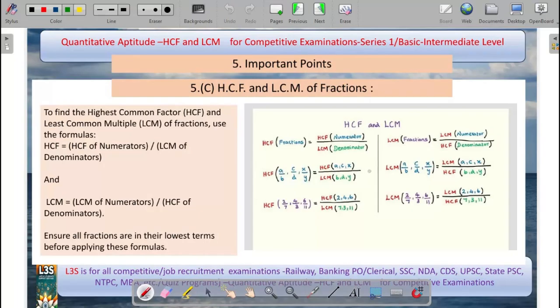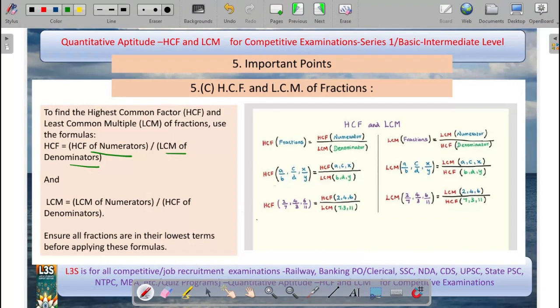That is for decimals. Now how to find the HCF and LCM of fractions. We have to use this formula: HCF of fractions equals HCF of numerators divided by LCM of denominators. And for the LCM of fractions, first we find the LCM of numerators, then divide by the HCF of denominators.